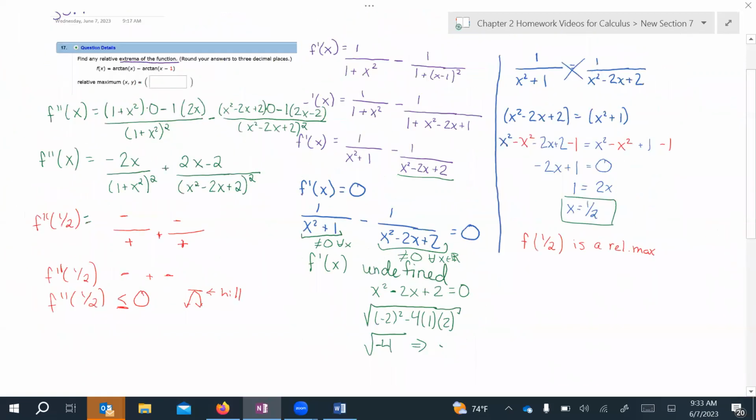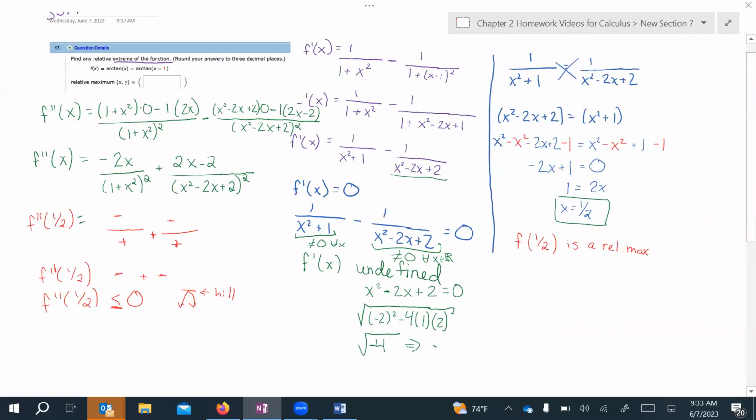Then we'd want to plug it back into our original function. So f of 1/2 is going to equal the arctangent of 1/2, and then 1/2 minus, we're going to have minus the arctangent of a negative 1/2.